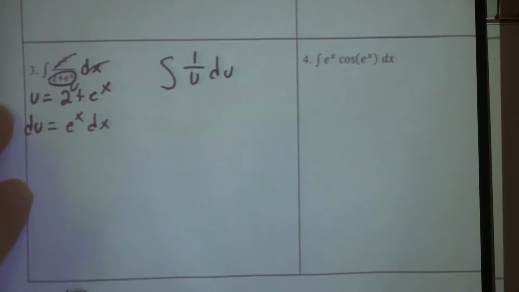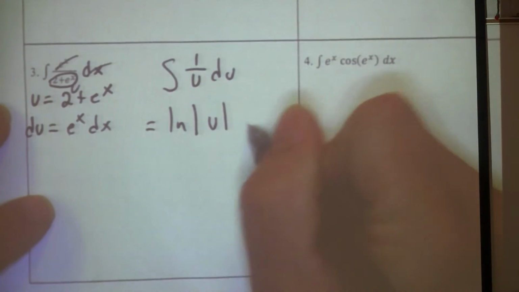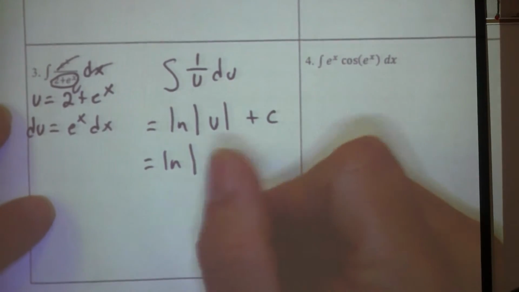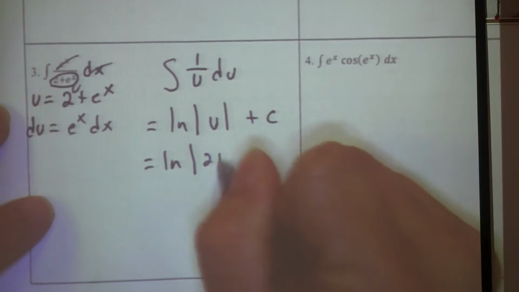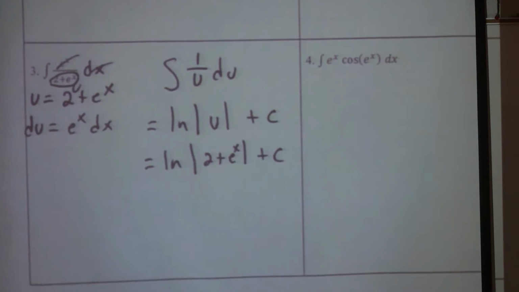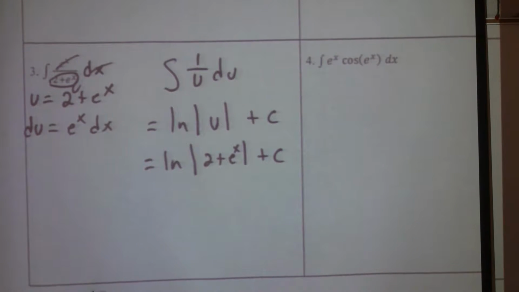Oh my god, ln of u. What is that? ln of the absolute value of u, right? Plus c. That's ln of the absolute value of, what was u? 2 plus e to the x. Whoa. Sir, but we're not doing those problems. We did those yesterday. Okay, they're going to be there.